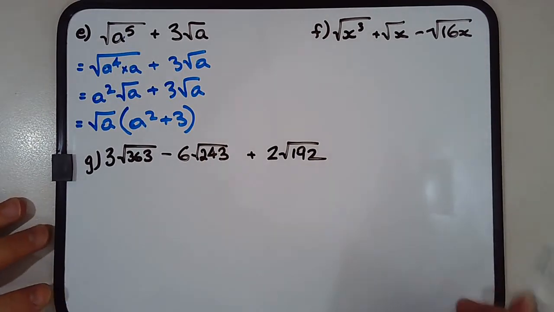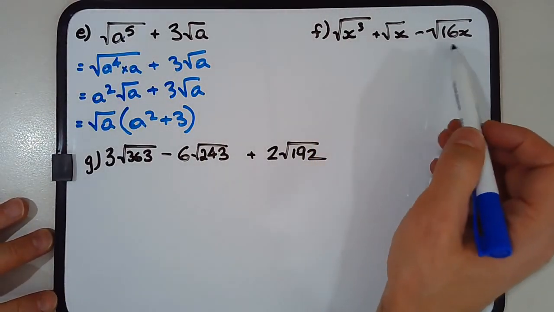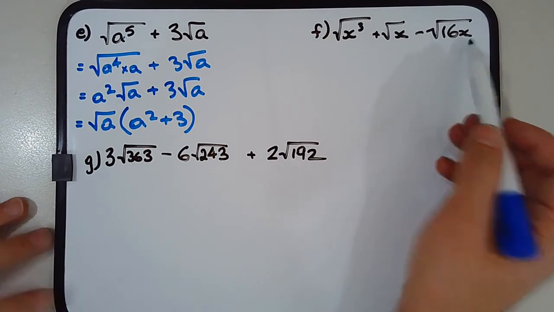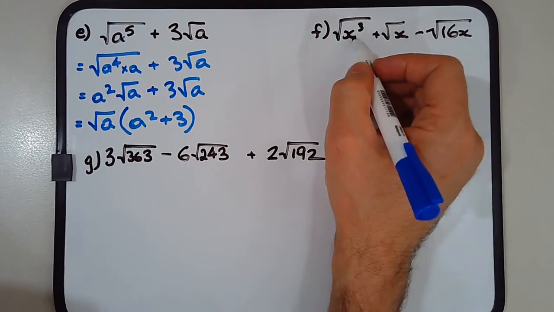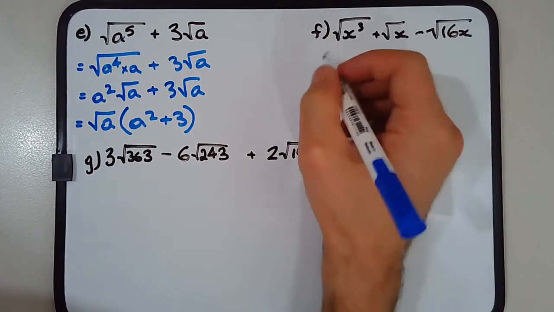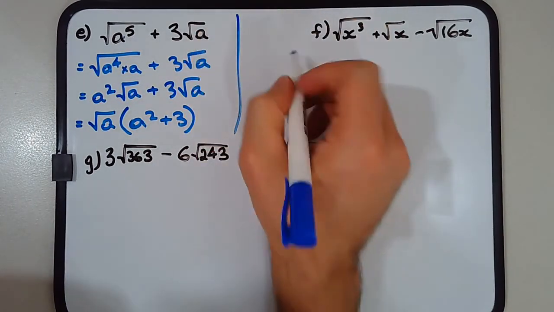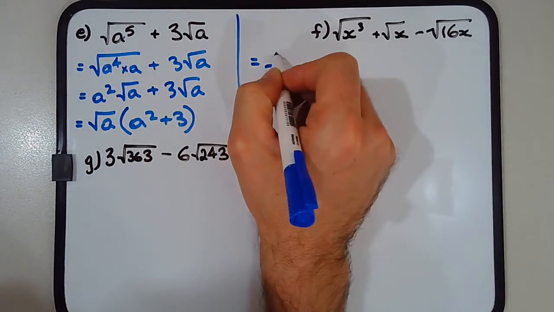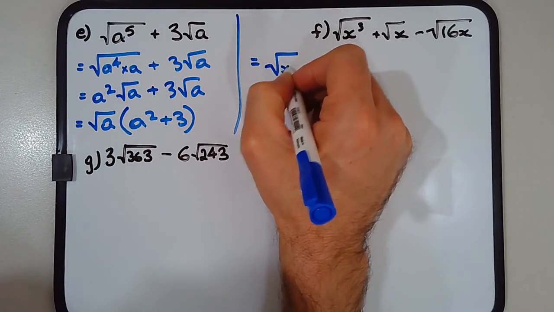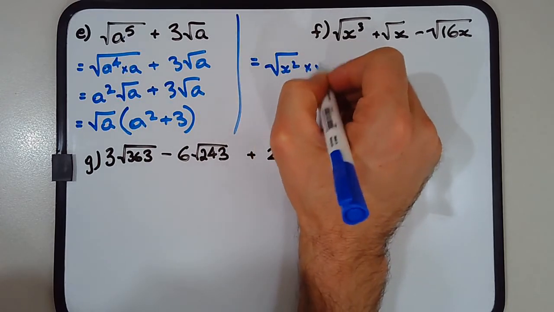So square root of x cubed plus the square root of x minus square root of 16x. Again, it's a very similar example to part E. We can take out an x squared from x cubed, can't we? So that's just the square root of x squared multiplied by the square root of x.